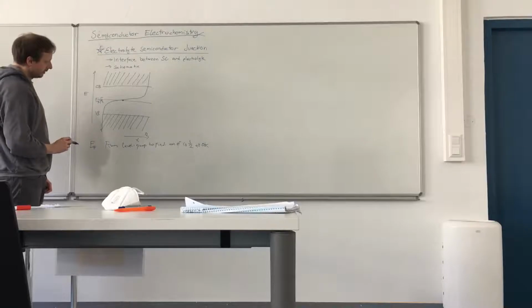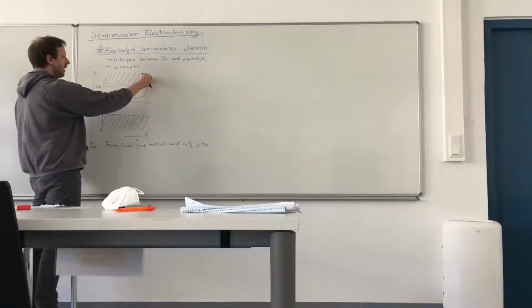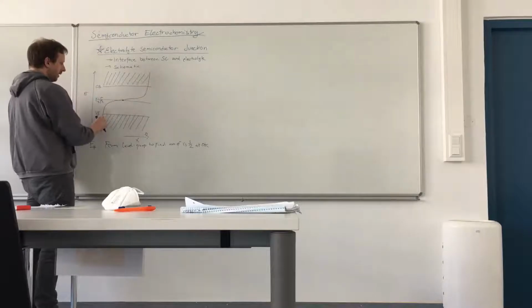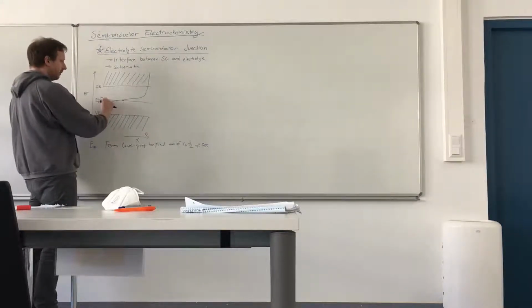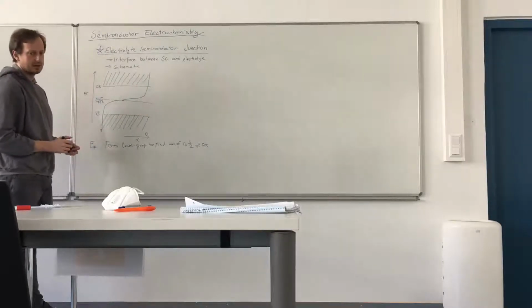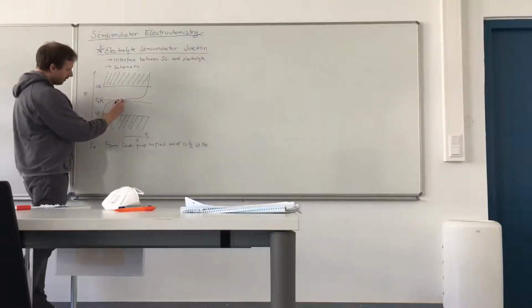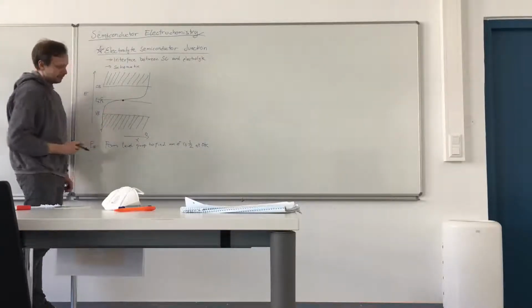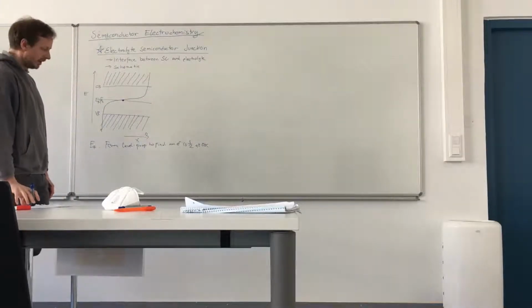There is this probability to find an electron in the conduction band at temperatures higher than 0 Kelvin. At 0 Kelvin, this would be a rectangular block, so no electrons are in the conduction band, or no free electrons. And the turning point of the distribution can be identified as the Fermi level.